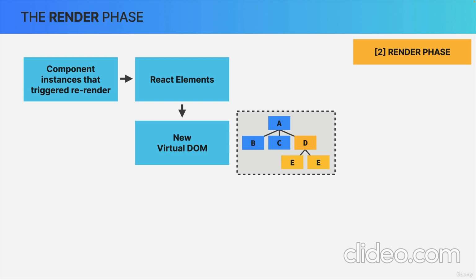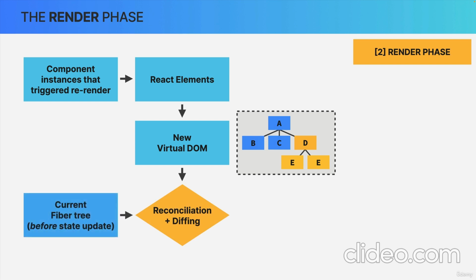What happens next is that this new virtual DOM that was created after the state update will get reconciled with the current so-called fiber tree as it exists before the state update. This reconciliation is done in React's reconciler, which is called fiber, and that's why we have a fiber tree.